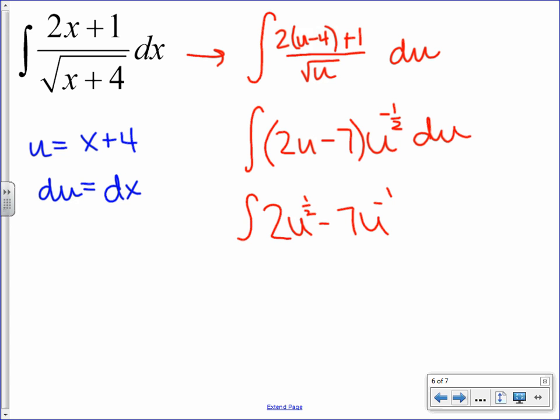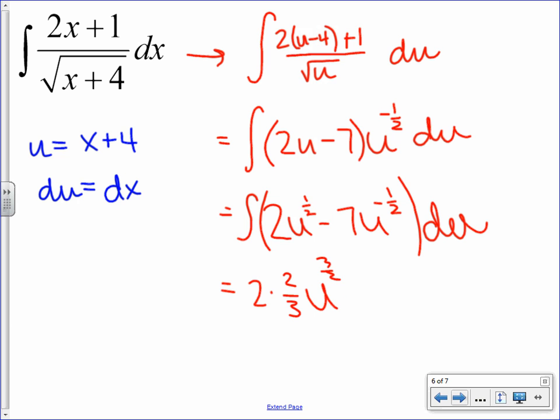We have 2 times u to the 1/2 minus 7 times u to the negative 1/2. Then 2u to the 1/2.